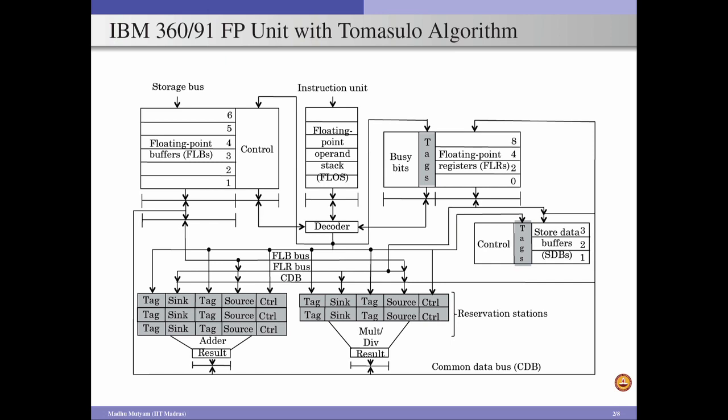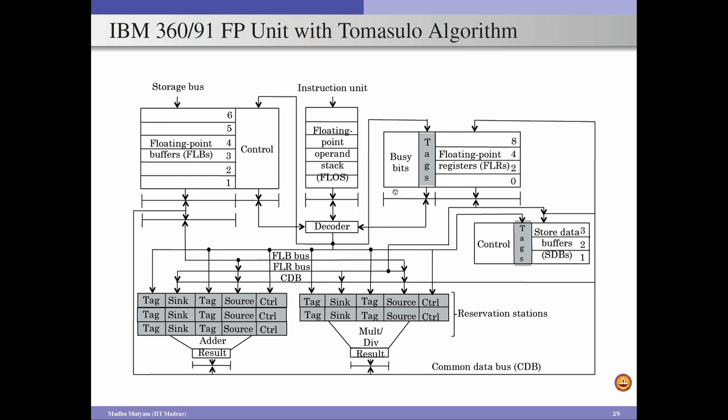So using this common data bus, we can ensure that operand forwarding can happen perfectly, and with the tags we can know the data is available either from the floating point buffers or from the instructions which were executed recently.